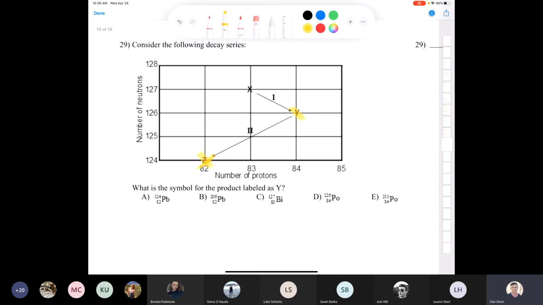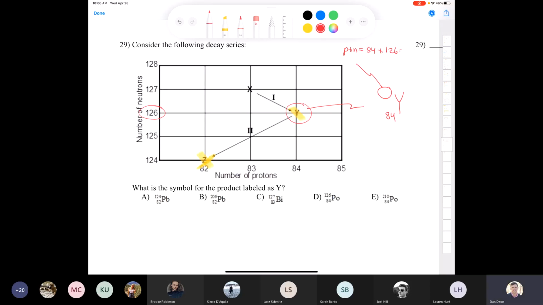For Y, the total number of protons is 84, and the total number of neutrons is 126. For my mass number, I have protons plus neutrons, so that's 84 plus 126. I think we saw this just a couple of seconds ago.